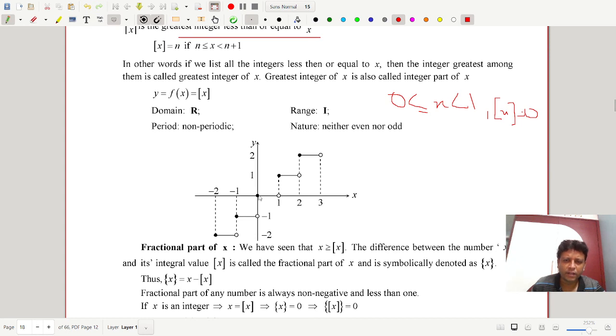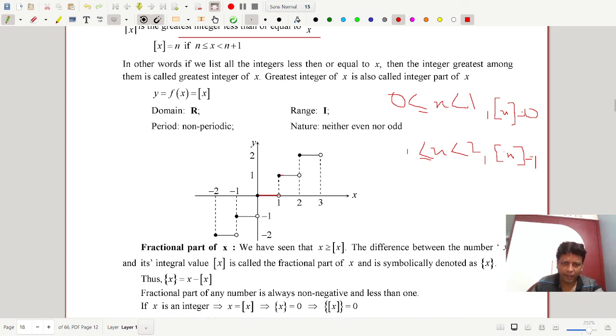So look at that, you have 0. And for 1 to 2, what is box x? 1. Suppose 1.5, what is box x? 1. 1.7, what is box x? 1. So always you have a 1.